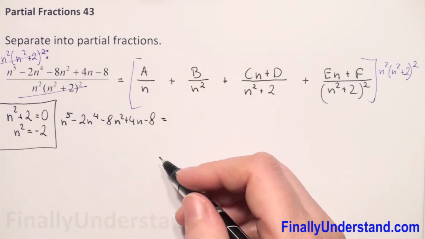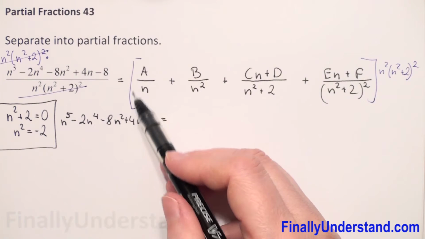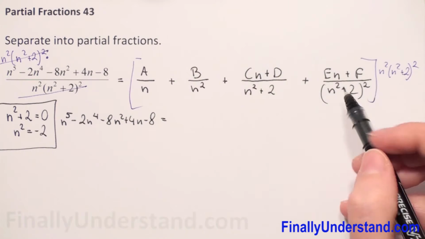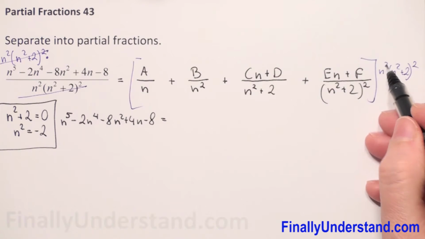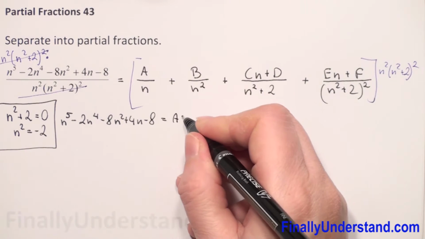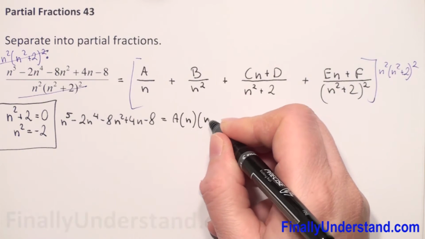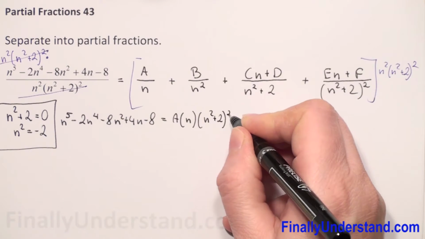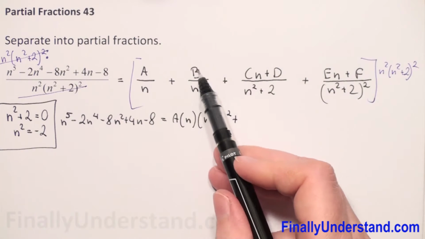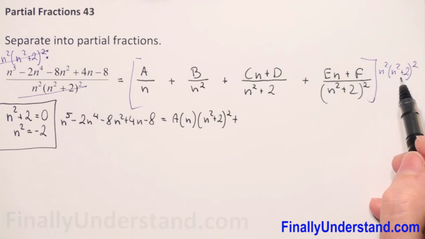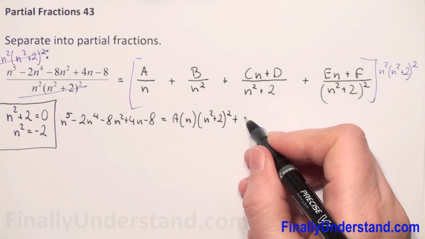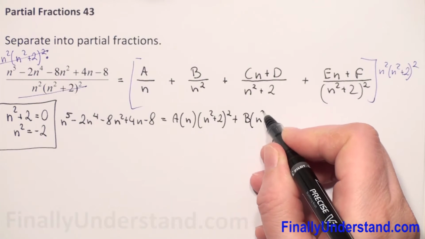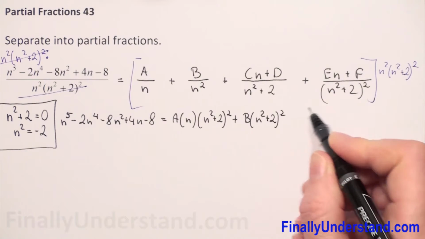On the right side, when we multiply the first expression by this whole expression, n reduces with the square, so we will have only A times n squared plus 2 to the second power. Plus, the second fraction multiplied by this whole expression, n squared reduces, and we have only B times n squared plus 2 to the second power.